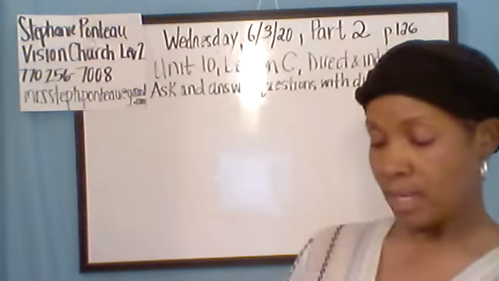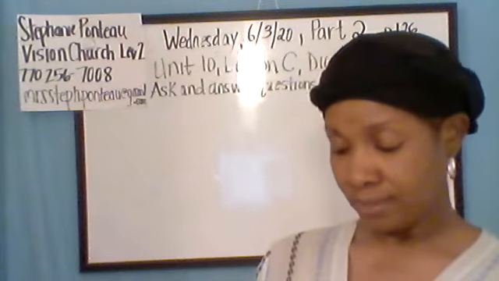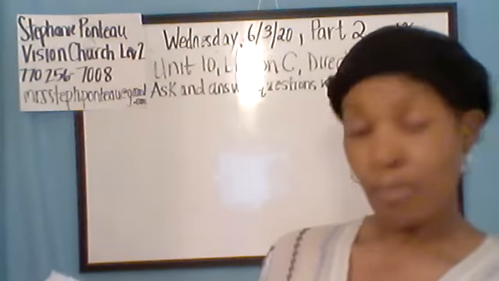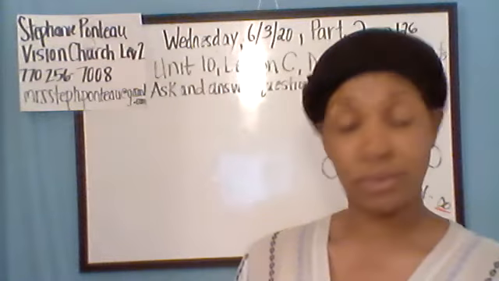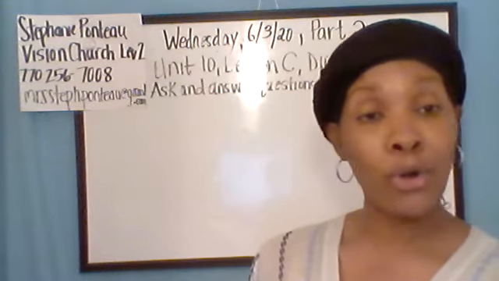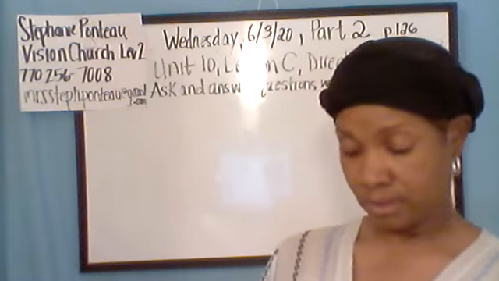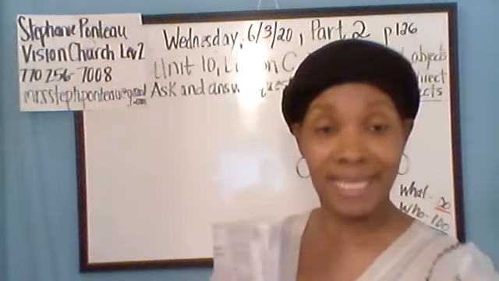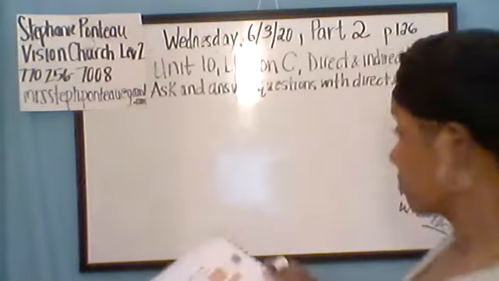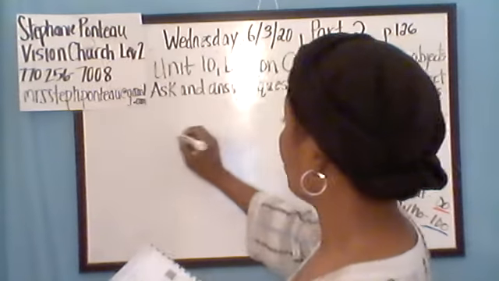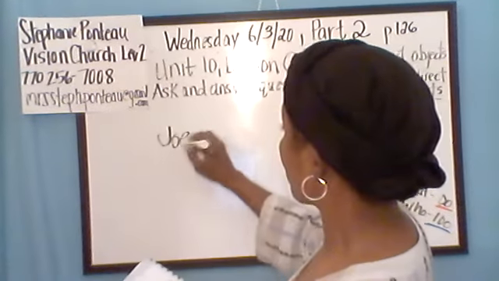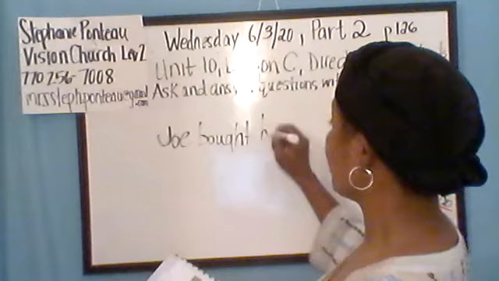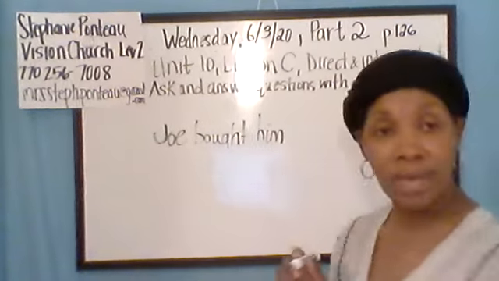So number 1, what did Joe buy Sylvia? Joe bought her flowers. So we're using the pronoun her in place of Sylvia, okay? Number 2, what did Joe buy Nick? Joe bought him, because Nick is usually a man's name.